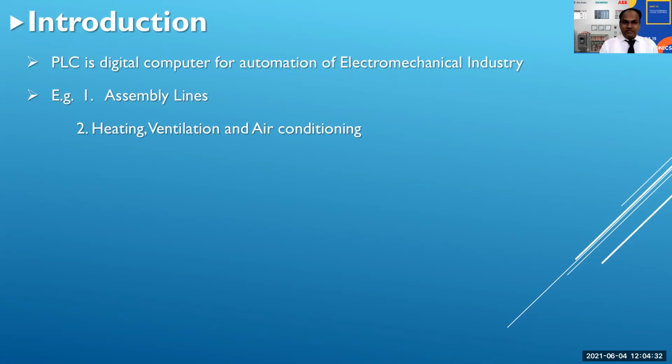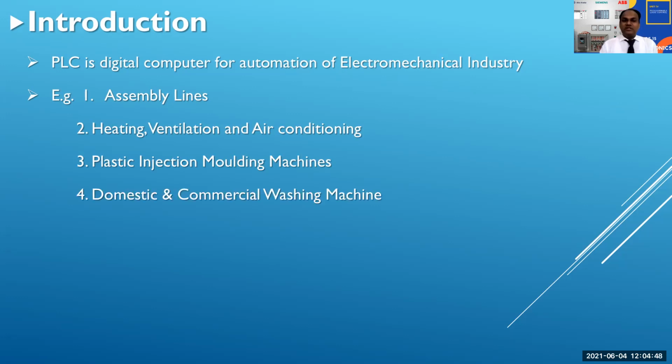So wherever we use PLC: in assembly lines it is required. HVAC, heat, ventilation, and air conditioning systems require PLC. Plastic injection molding machines require PLC. Domestic and commercial washing machines. In your household also we need PLCs, programmable logic control.